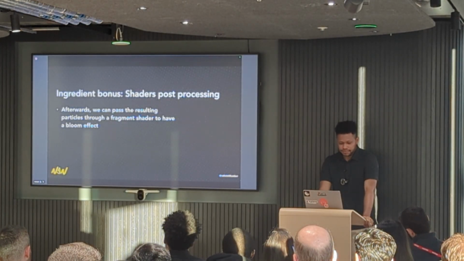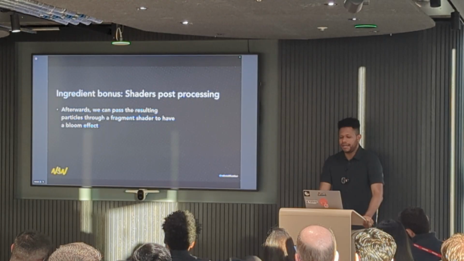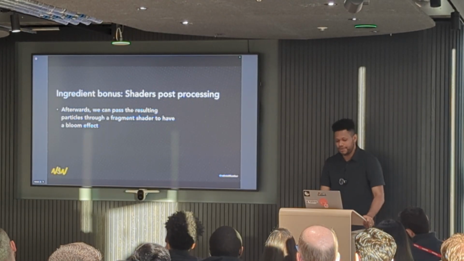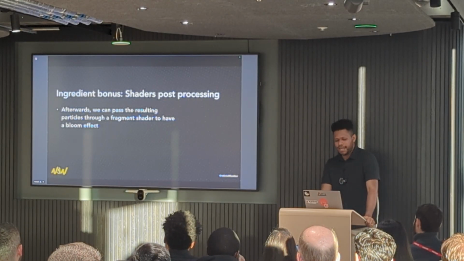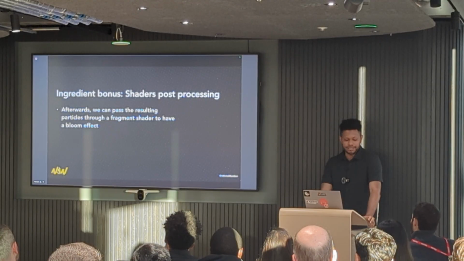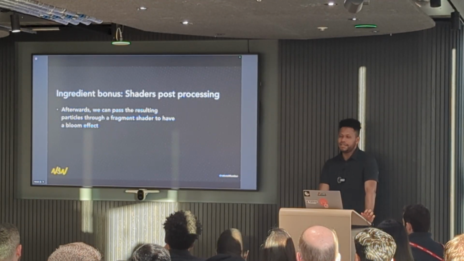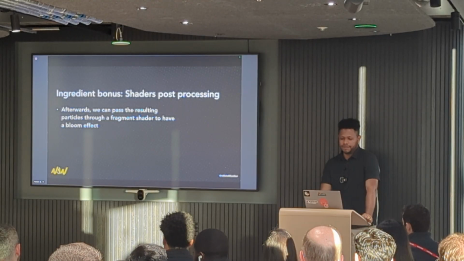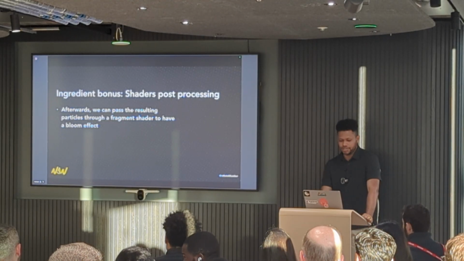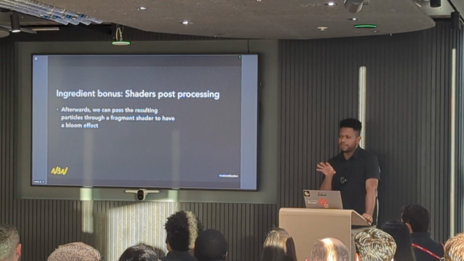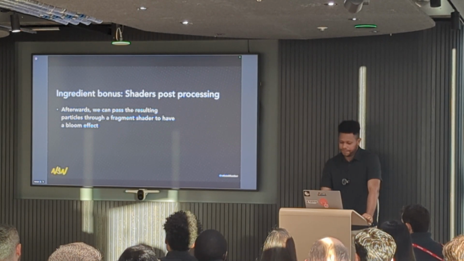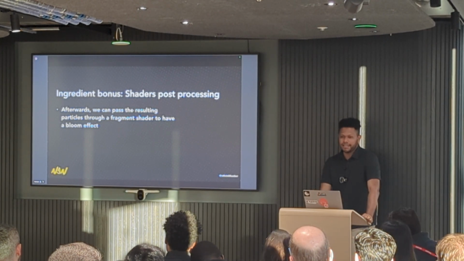So we can go to the next ingredient, which is shaders. Fragment shaders are a nice way to apply some effects to it. If you look soon when I show the thing running, we have some kind of a glow happening in the whole particle thing, and that's a post process.